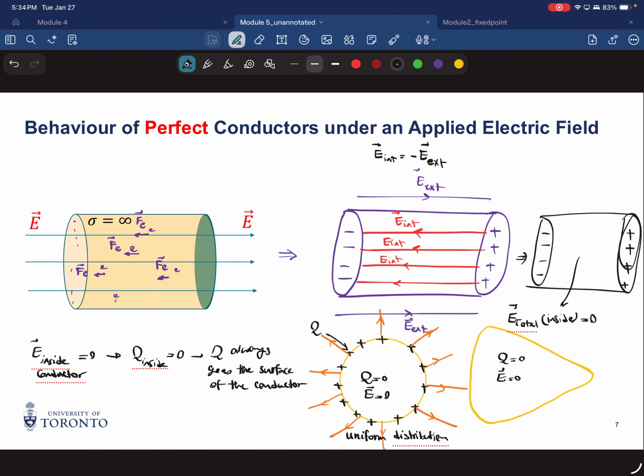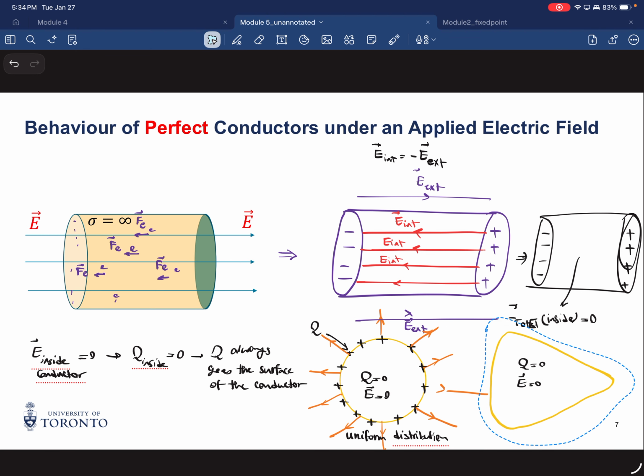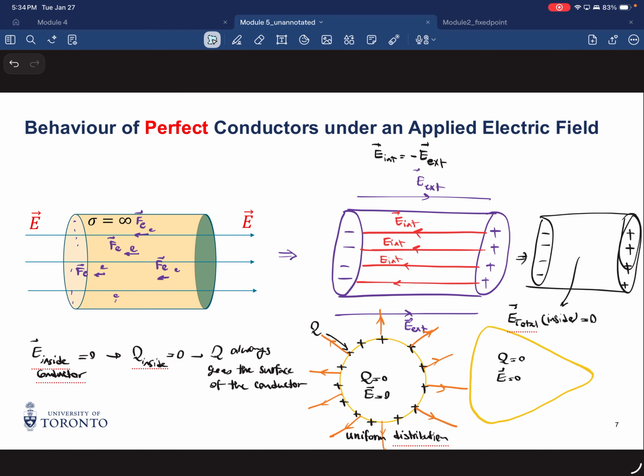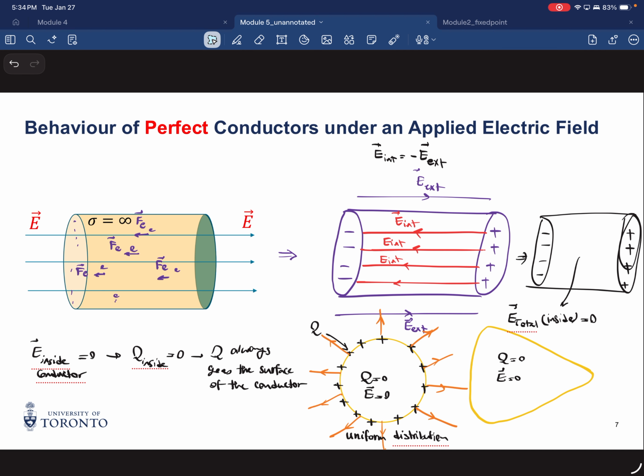Now, tell me, does it distribute uniformly or non-uniformly? What do you think?